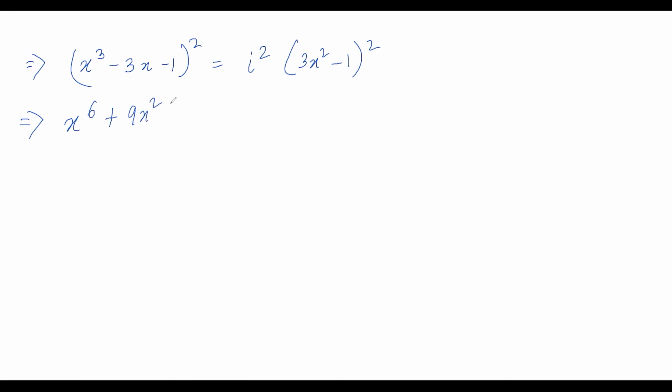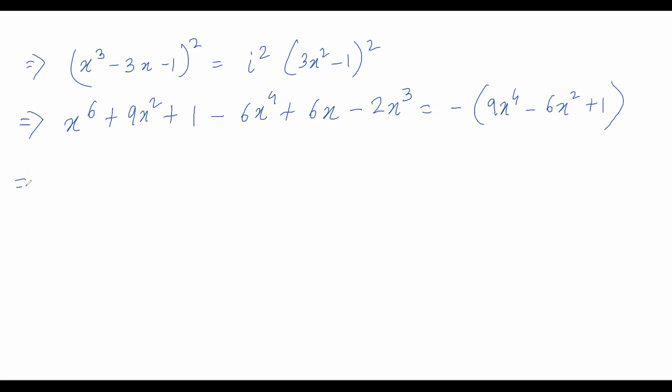So (x cubed minus 3x minus 1) whole squared is equal to i squared times (3x squared minus 1) whole squared, and this is equal to x to the power 6 plus 9x squared plus 1 minus 6x to the power 4 plus 6x minus 2x cubed is equal to, now i squared is minus 1, so minus 9x to the power 4 minus 6x squared plus 1.